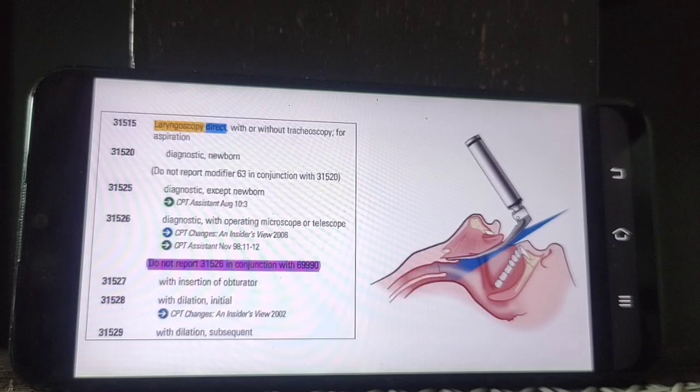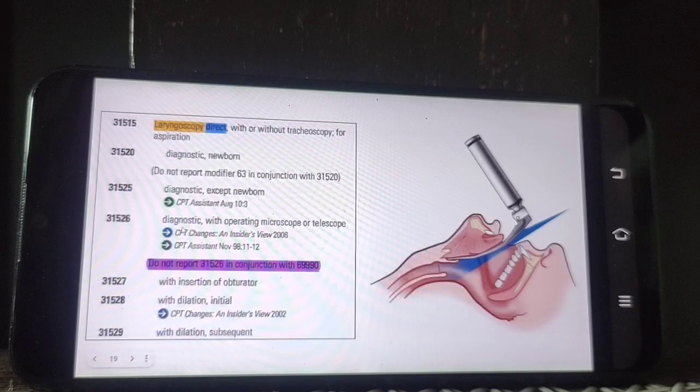From the 29th day or older, go for 31525. Excepting newborn, even for an adult or child, we can apply the code 525. And 31526, laryngoscopy, direct with or without tracheoscopy, diagnostic with the operating microscope or telescope.